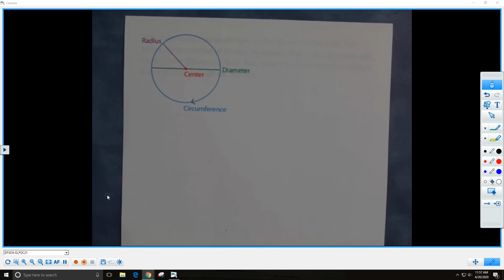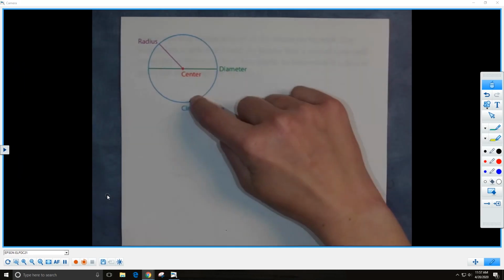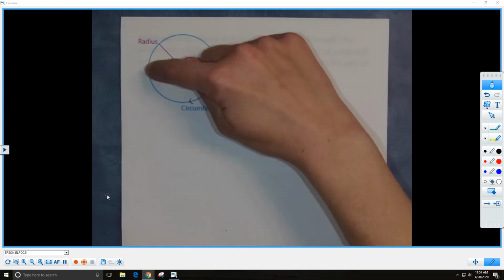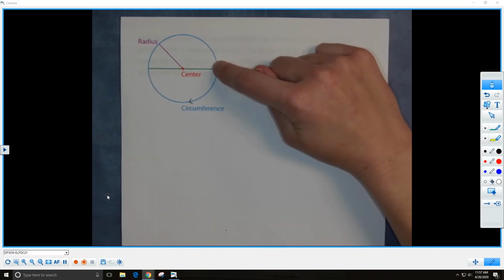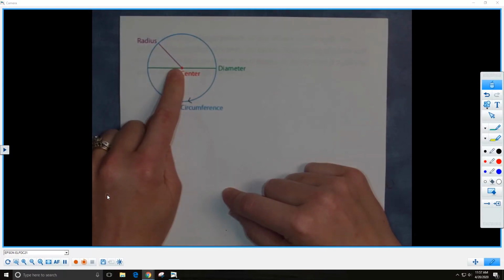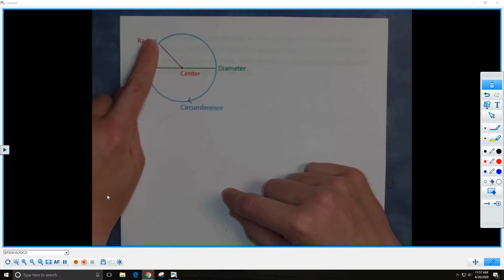Okay, let's begin. In the previous lesson, we discussed circumference. Recall that we defined circumference as the distance around the outside of the circle. The diameter is the distance through the center, and the radius is the distance from the center of the circle to the outside of the circle.